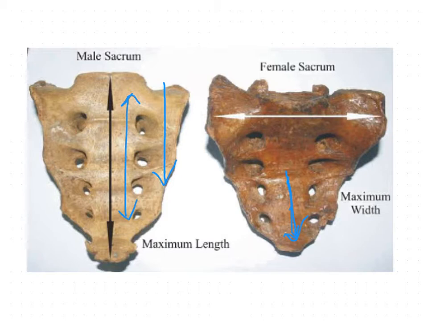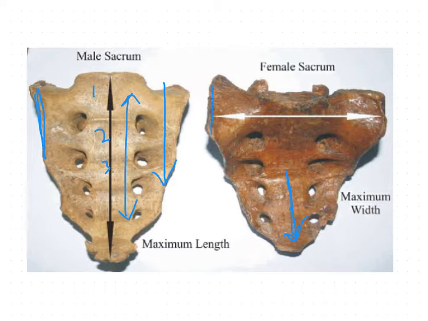In the male, the auricular surface approaches more than 2.5 sacral vertebrae, up to the upper half of the third sacral vertebra. Here, if you see this auricular surface, it is almost all two, so this is 1, 2 and 3. It almost reaches 2.5 sacral vertebrae, up to the upper half of the third.